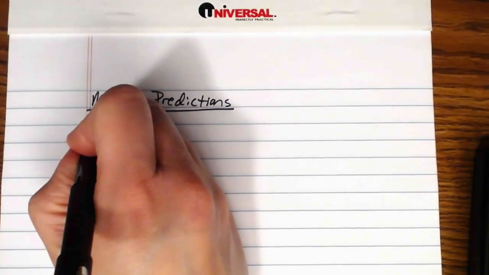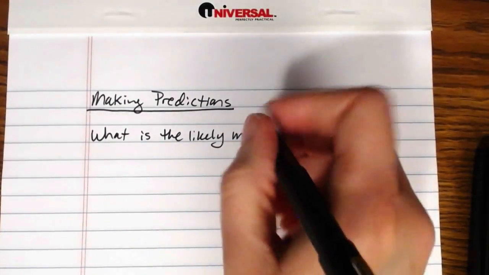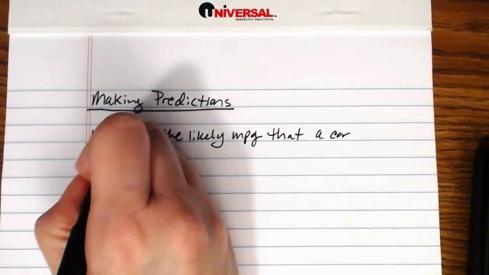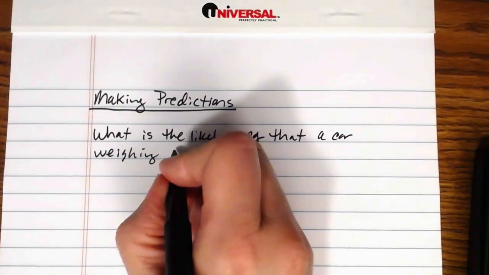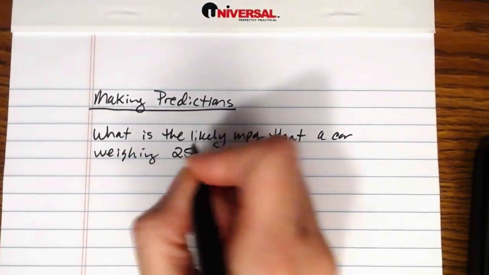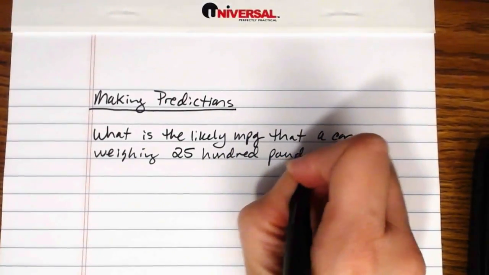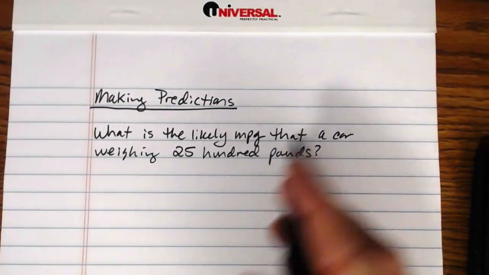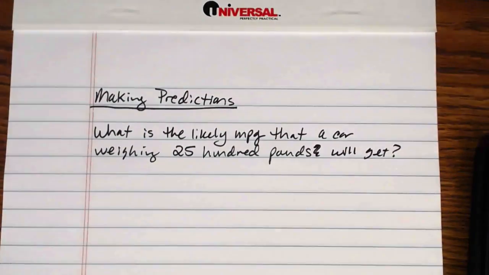Let's say I wanted to know what is the likely number of miles per gallon that a car will get if it weighs 2,500 pounds. Whoops. What is the likely miles per gallon that a car weighing 2,500 pounds will get? Okay, so let's say that was the question I was trying to answer.